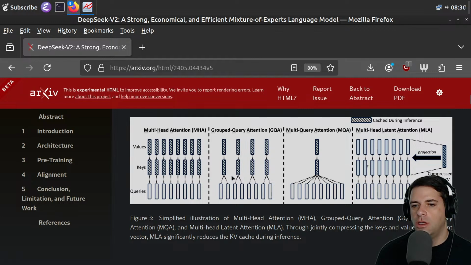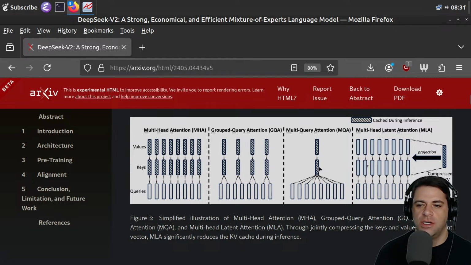Grouped query attention and multi-query attention were other proposals for how to reduce the amount of caching. Grouped query attention, I haven't read the paper. It looks like they're basically just saying zip up these queries into tuples, and a tuple will share keys and values, and that will reduce the amount of caching by half.